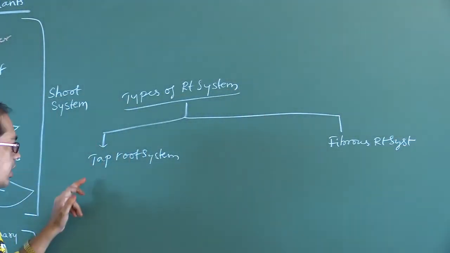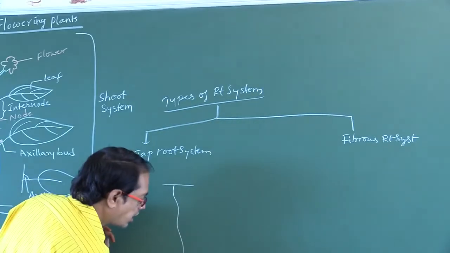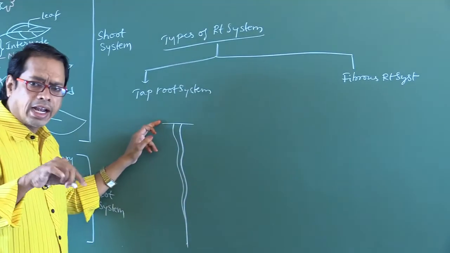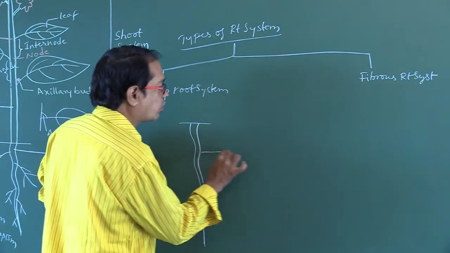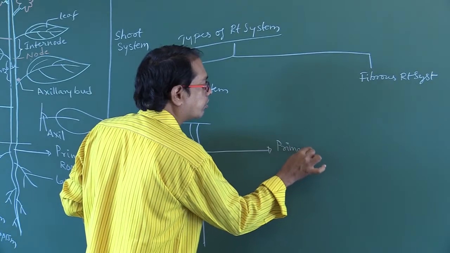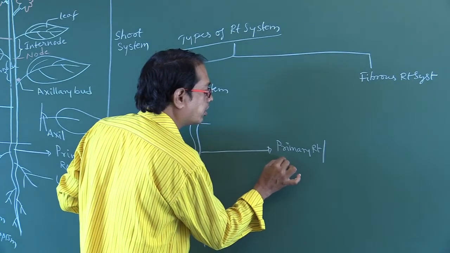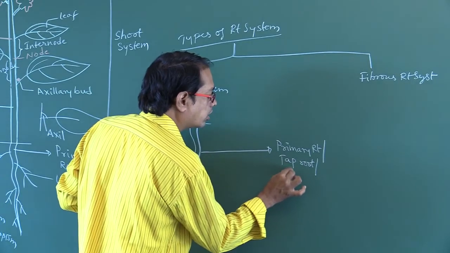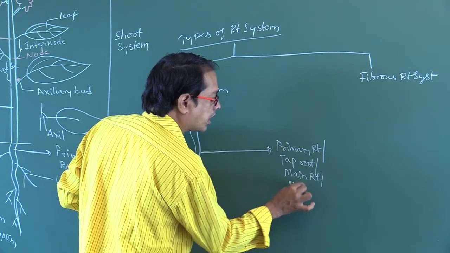Right. What is taproot system? Let us suppose this is the radicle of the embryo. The radicle of the embryo develops into the so-called primary root, also called tap root, also called main root, also called mother root.